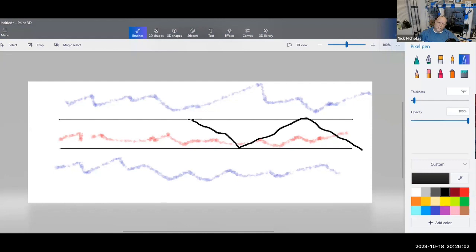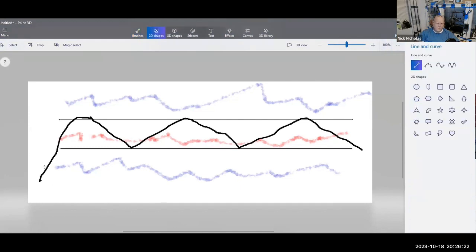Then it bounces back up. Then it bounces back down. Then it bounces back up. And now it bounces back down. And right over here, fortunately for all of us, is somebody else's antenna.